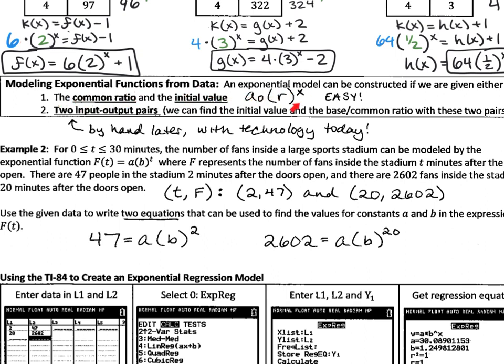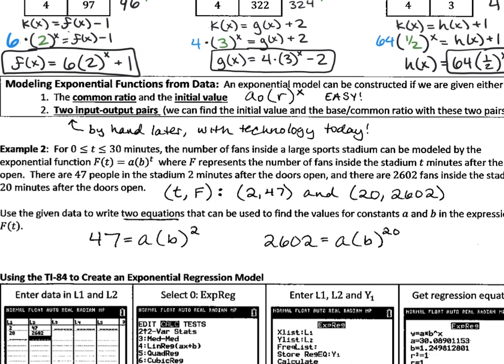That's what we just did in the tables. That's easy. But when the data is not super set up for you, or you're just given 2 input-output pairs and you don't know the common ratio, we can actually do this algebraically or with technology to write a regression for this exponential data. We're going to do it with technology today because we have not actually learned the algebraic skills to do it by hand, but eventually we will do it by hand.